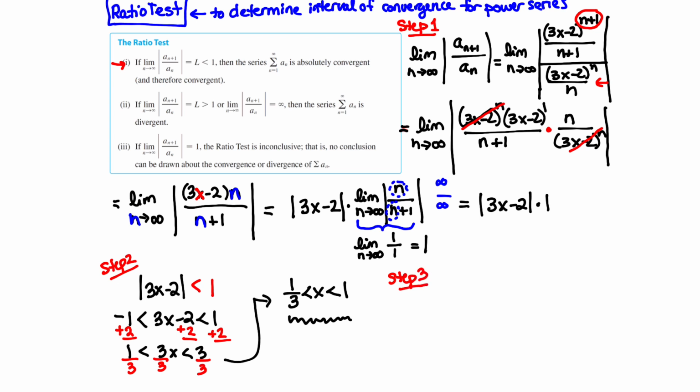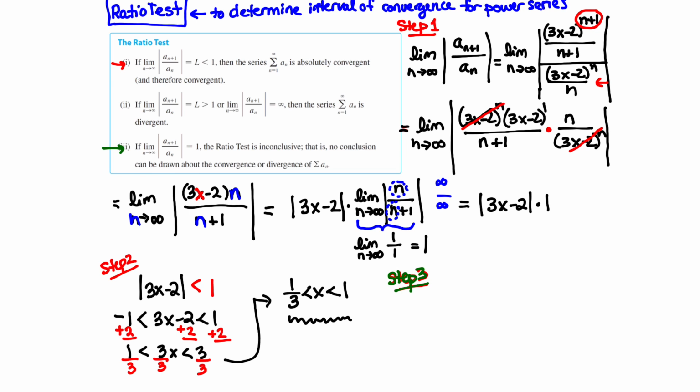But the ratio test also has this other condition down here. And that says that when this thing equals 1, I don't know what's happening. So I have to investigate further.